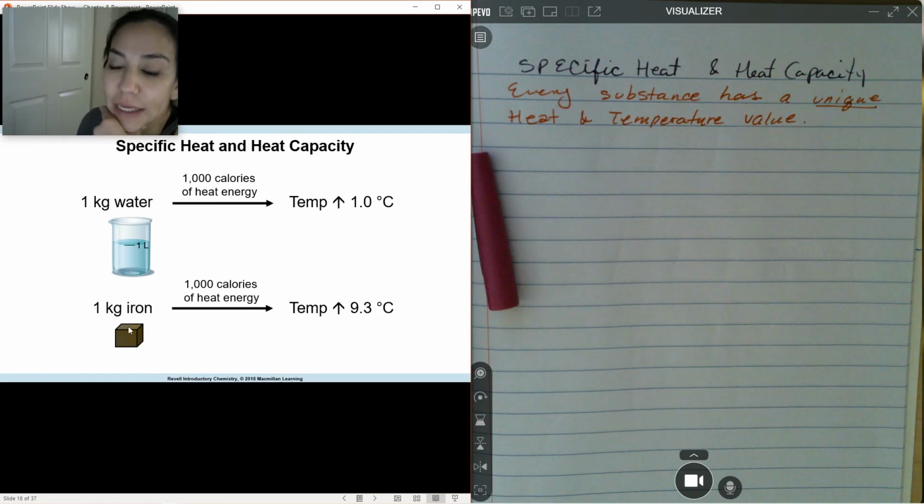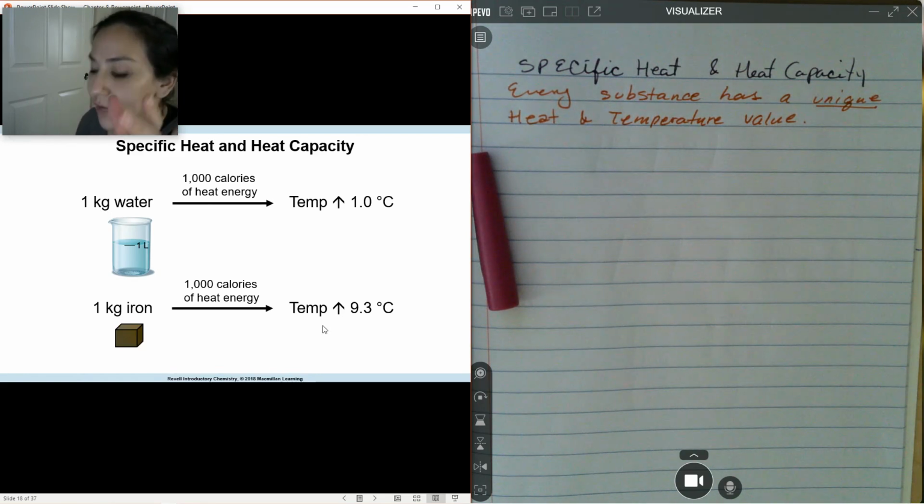If you take that same heat and add 1,000 calories to the 1 kilogram of iron, you'll notice that your temperature increases almost tenfold, by 9.3, right? By 9.3. And that has to do with the specific heat value. And the specific heat value for every substance is going to be different.